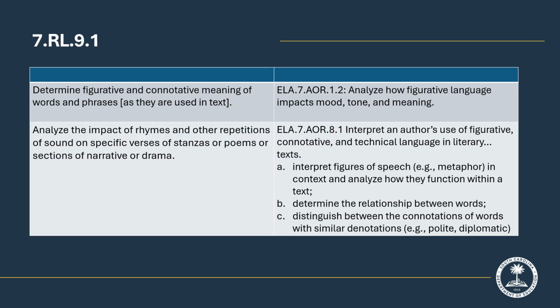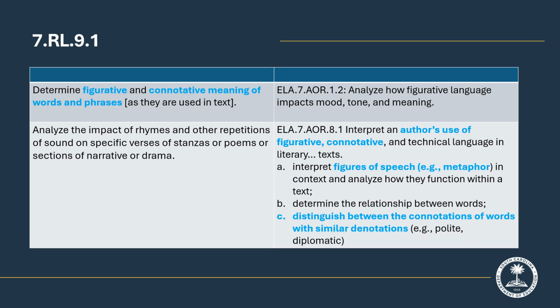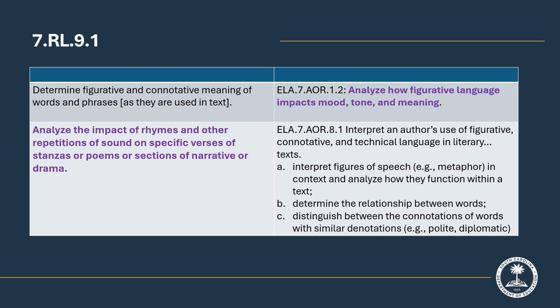This is a side-by-side of the 7th grade indicators. Remember, the second part of RL 9.1 in 7th grade was very different from all the other grades. Again, what is in blue is what carried over to the 2024 standards. What you see in purple is what has changed.